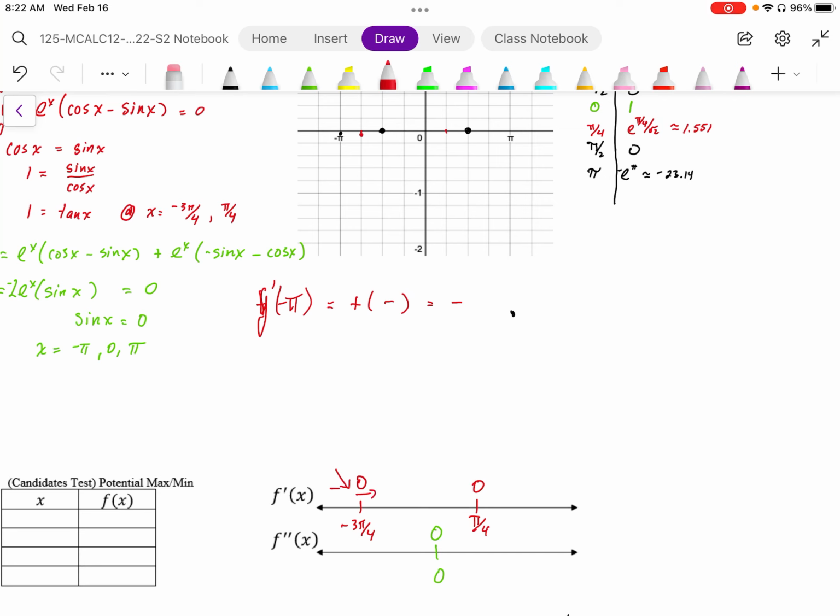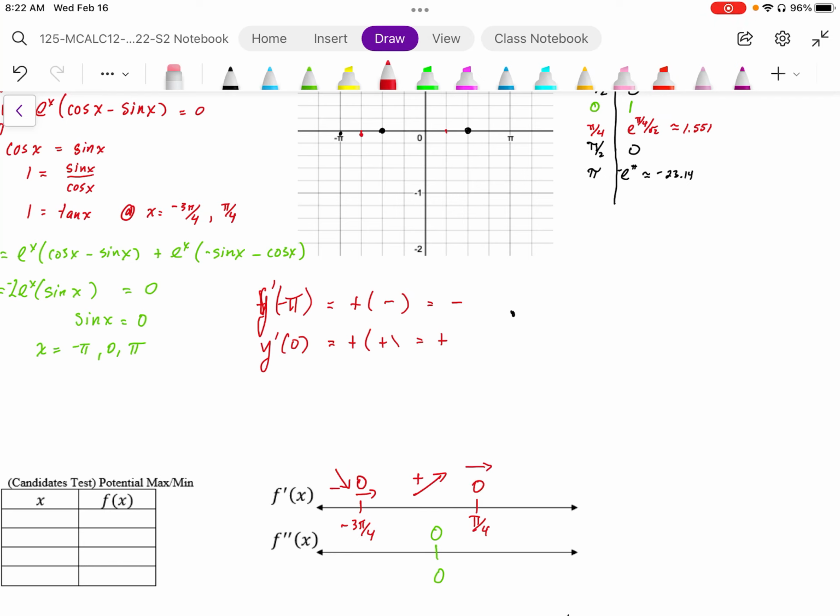It looks like that's a potential minimum point. Now I'm going to test the slope at 0. Plugging in 0, I get e to the 0, which is positive, cosine of 0, which is 1, and sine of 0 is 0, so I get positive 1 here, so that's a positive slope through this region. So this must be a potential maximum.